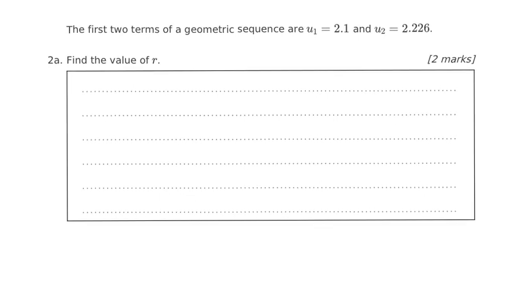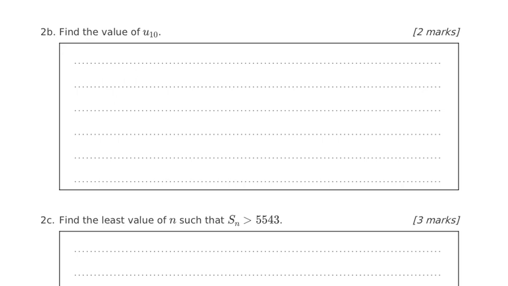Well, R is equal to U2 divided by U1, which is equal to 2.226 divided by 2.1. So R is equal to 1.06 using a calculator. 2B. Find the value of U10.